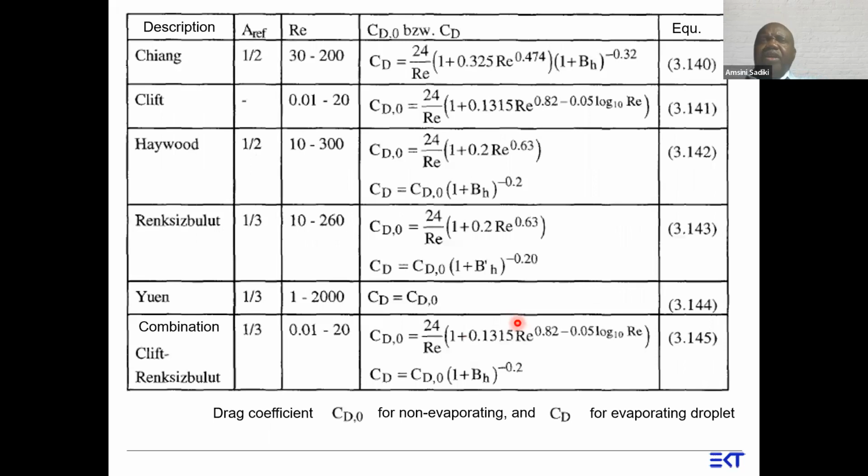The drag force also changes because the radius of our particle is changing, so the drag force will also change with this diminution. This means that we have the drag force here for non-evaporating and for evaporating particles.